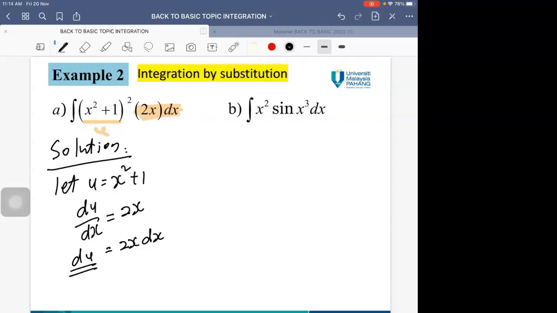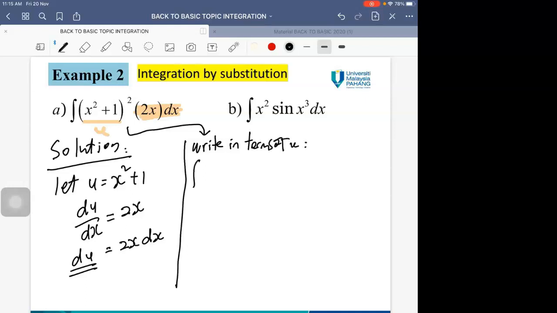Now if I rewrite in terms of u, I have the integral of x squared plus 1 squared times 2x dx.